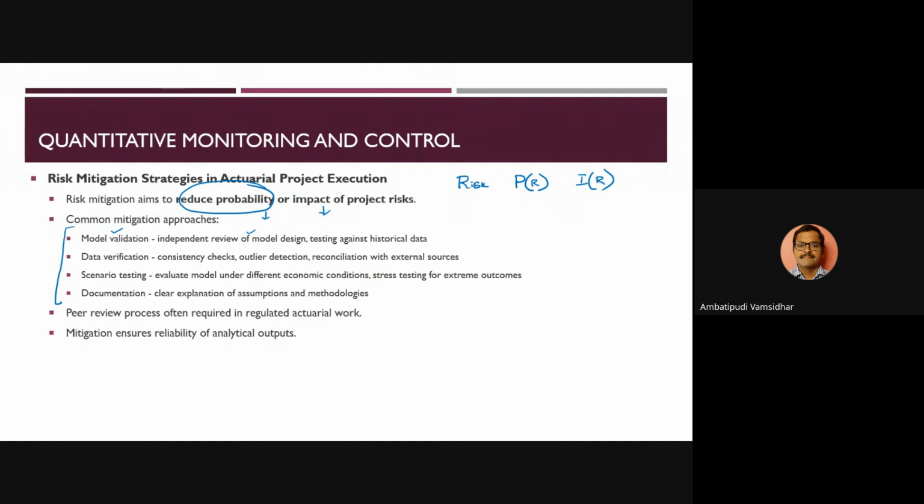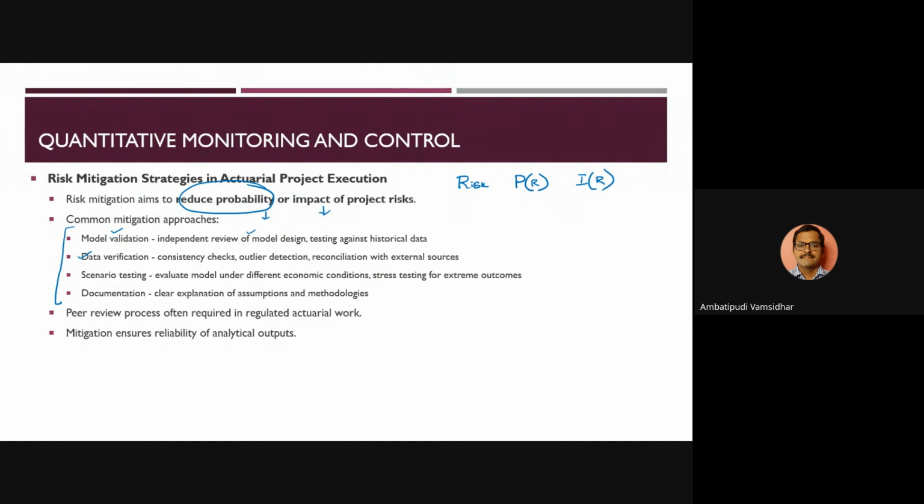You do an independent review of the model design. You test the outputs that come out of the model against the historical data, right? And the next thing we talk about is the data verification.